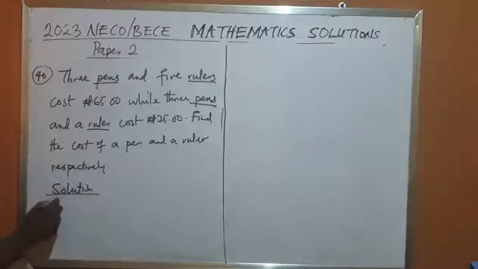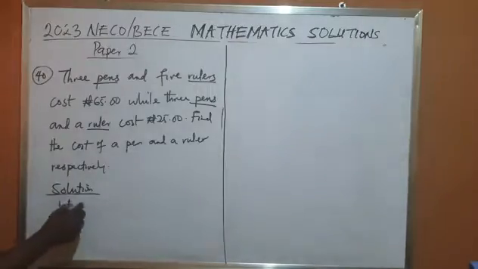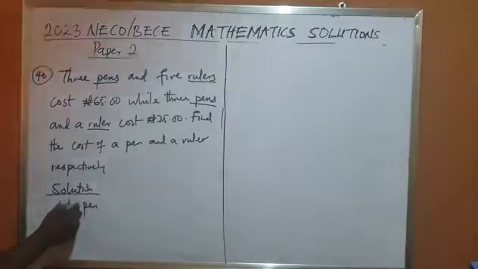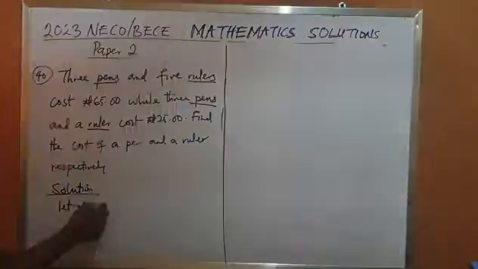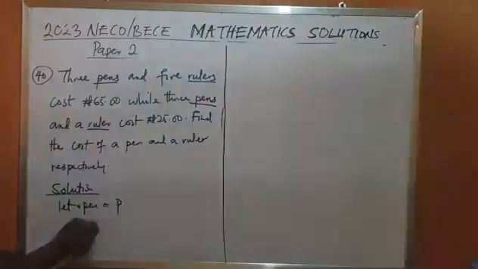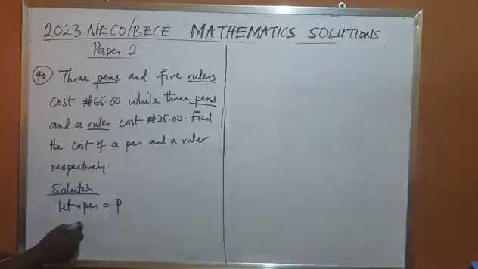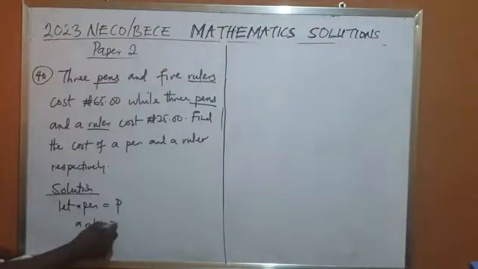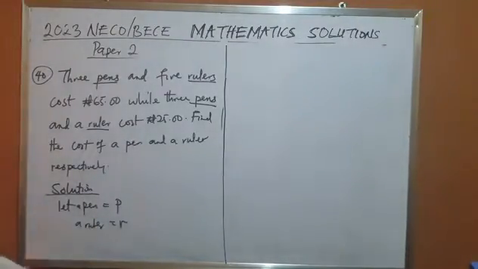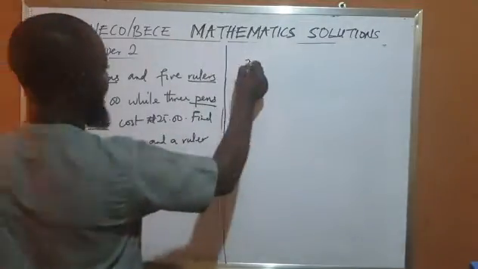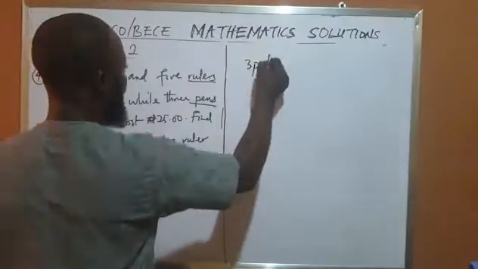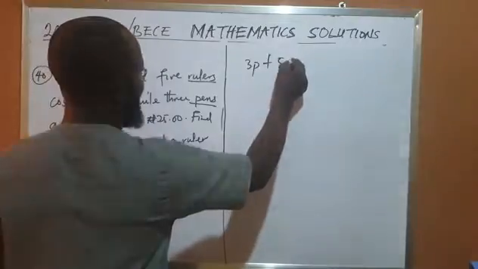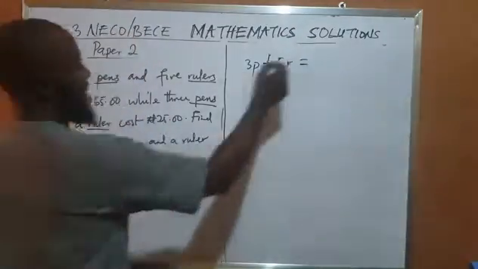So what we're going to do is interpret it properly. Let a pen equal P and a ruler equal R. 3 pens, that is 3P, plus 5 rulers, 5R, equals 65 naira.